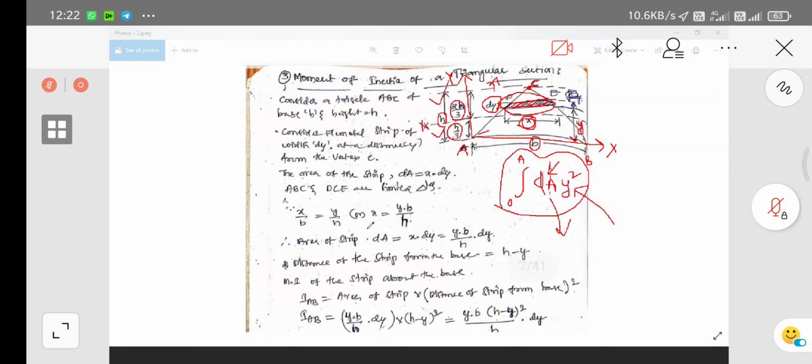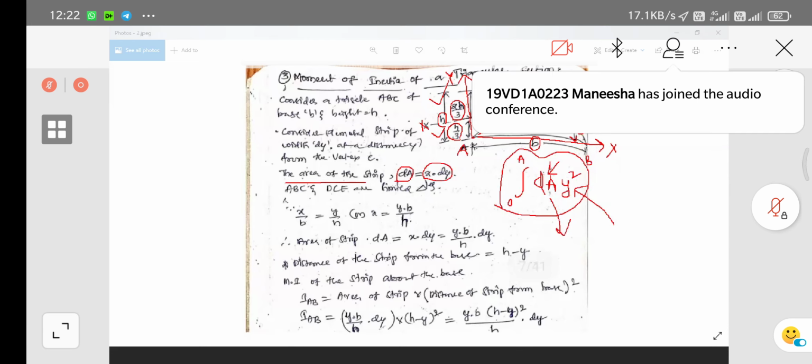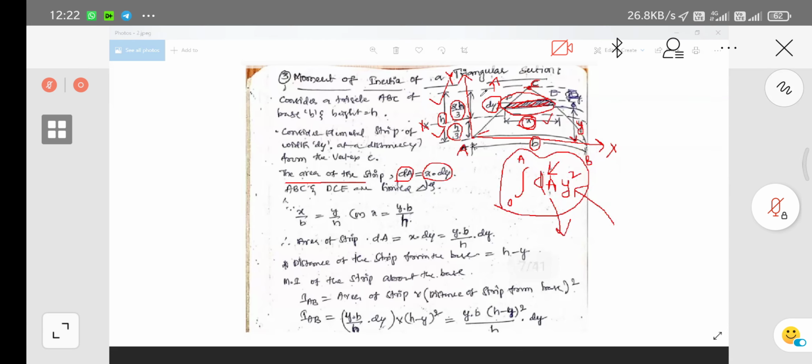The area of the strip, dA, is my elementary strip value. dA is nothing but length into breadth. The differential elemental length is x, and the differential elemental height is dy. This elementary strip is a rectangle, so the elemental area is length into breadth, x into dy.